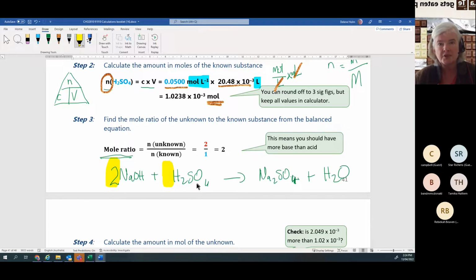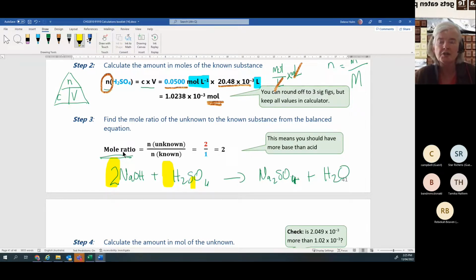Other examples where you use that: I don't say H2S1O4, I just say H2SO4. So we never bother with ones. We just assume if there's no number, it means a 1. So my mole ratio is I've got 2 sodium. I need double the amount of sodium hydroxide to sulfuric acid.